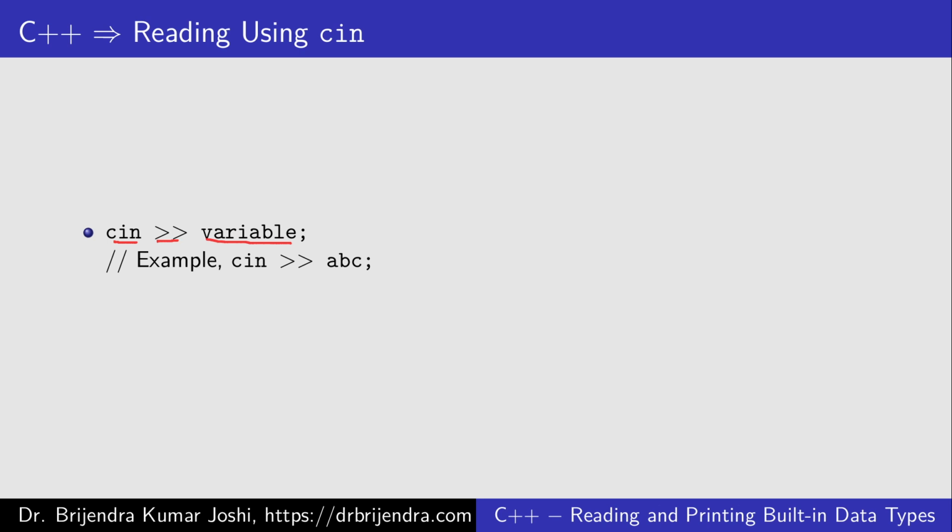No address to be supplied. C++ is smart enough to deduce the address and type of the variable which is being read. Example, cin extraction operator and abc semicolon. Abc is name of some variable of some data type.